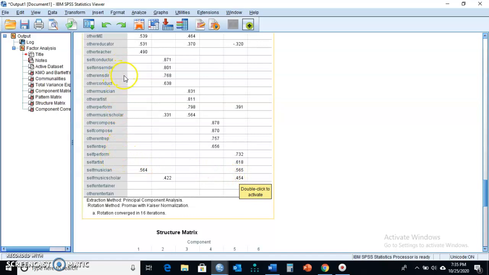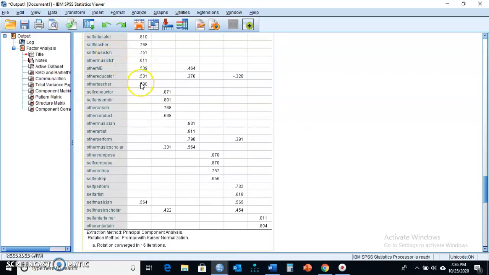So unlike the external identity, which was the third one, when we get to the fifth one, they're looking at their internal sense of identifying as a performer, an artist, musician, and scholar of music. So they call that internal identity. And then the last one down here, self-perception as an entertainer, other people's perception as an entertainer. So they just call that entertainer. So that's how they got these 6 labels for these components. Again, they were educator, ensemble leader, external identity, creative business person, internal identity, and entertainer.